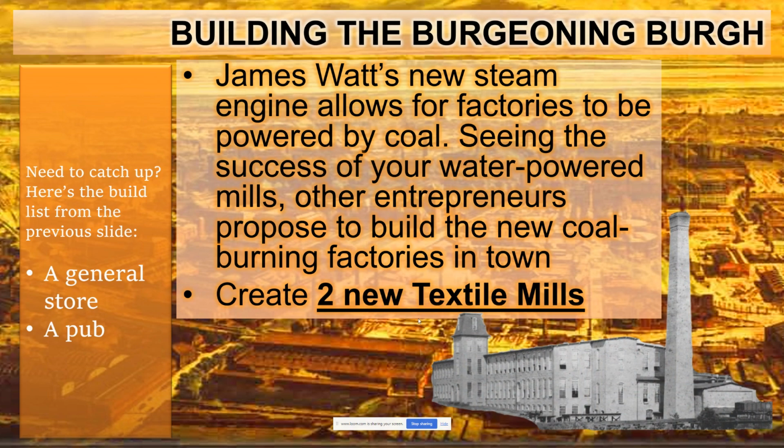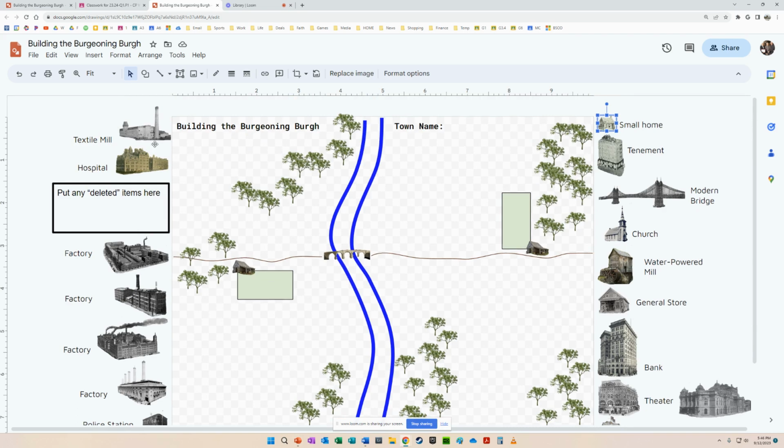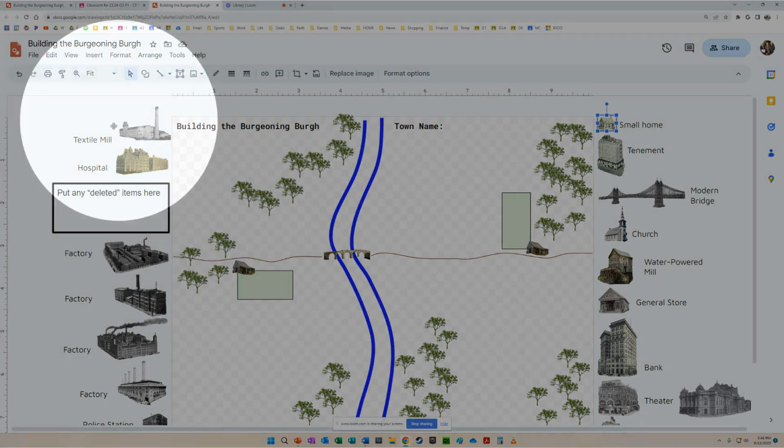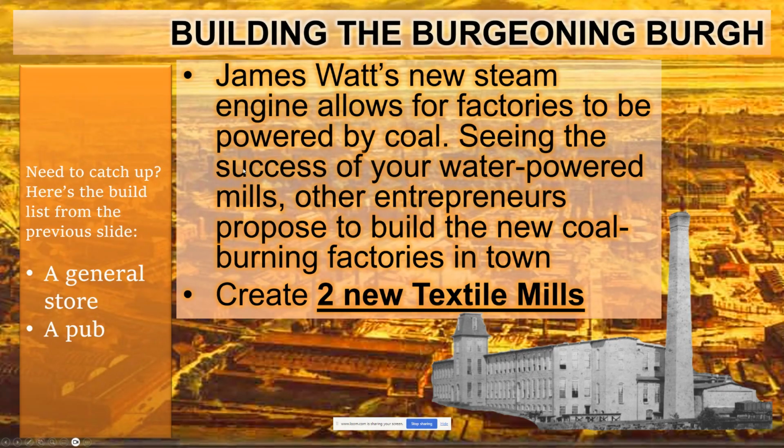Textile mills are found in the top left-hand corner. Take these 2 large buildings and place them, and at least at this point, you can place them anywhere you would like. You're not stuck by the rivers at this point. So go ahead and create for me 2 textile mills, in places of your choosing.